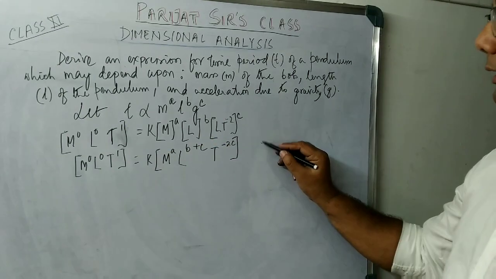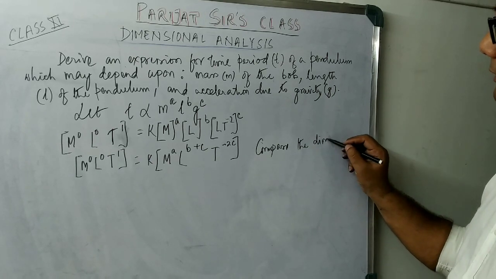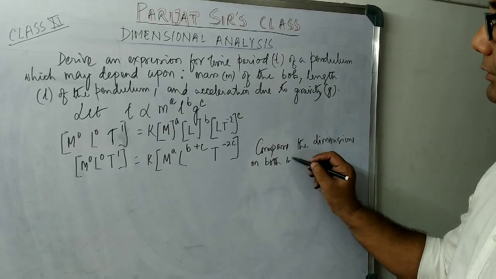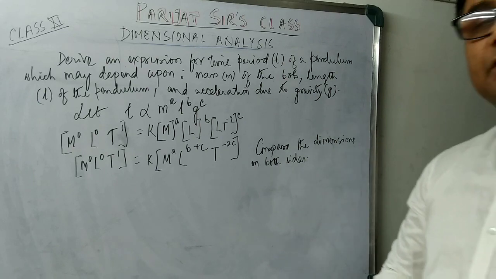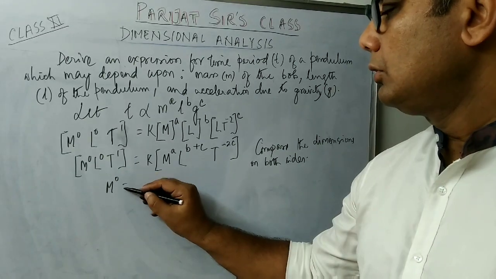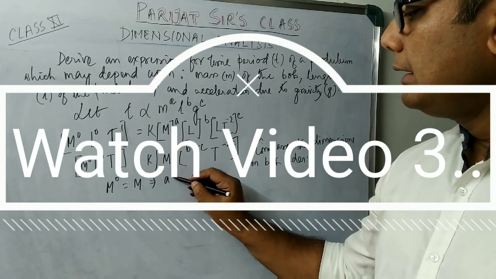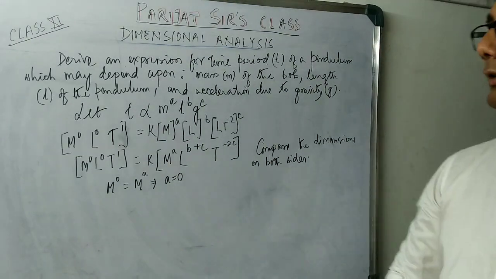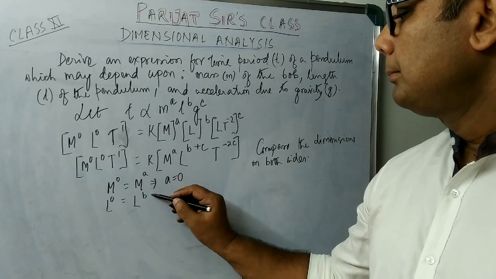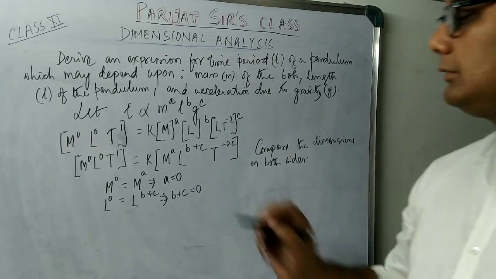Okay? So now if I compare the dimensions on both sides, what we will get? We will get that M to the power 0 will be M to the power A. That means A is 0. Similarly, L to the power 0 is L to the power B plus C. That means I can write B plus C is 0.